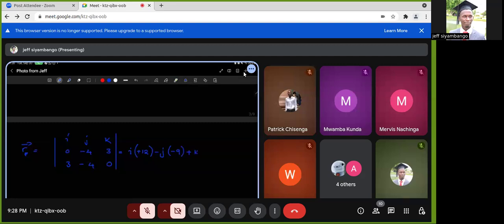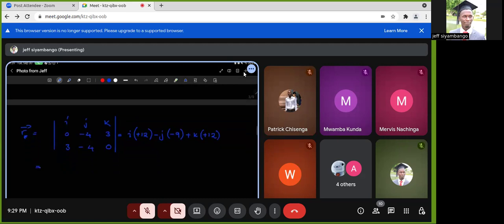Then we get k: 0 by minus 4, that will be 0, minus 3 by minus 4, that will be minus 12, but with the minus here, it will be plus. Any questions there?